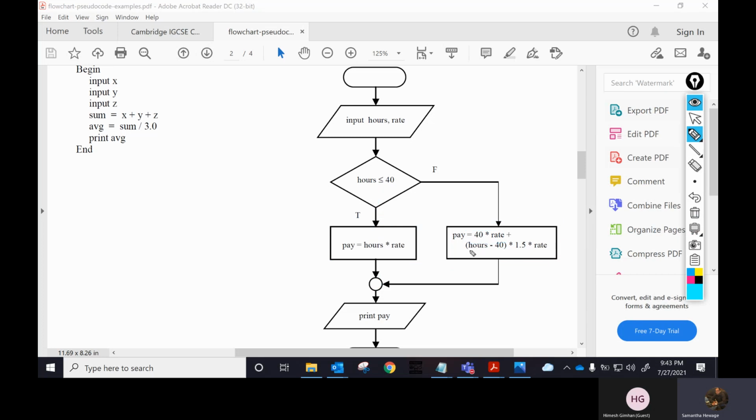Then you have to find the extra hours: whatever hours you put here, minus 40, then you will get the extra hours. Then you have to multiply by 1.5 and the rate. Got it? Yes, sir. Can you draw this? Okay, sir.